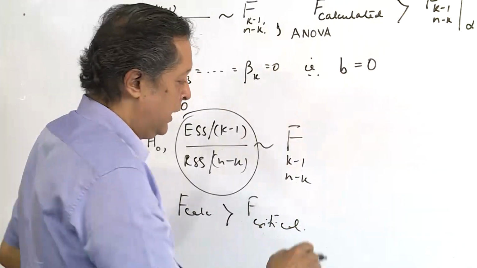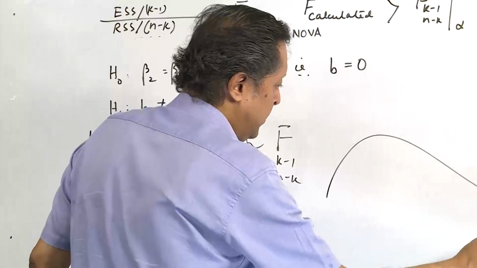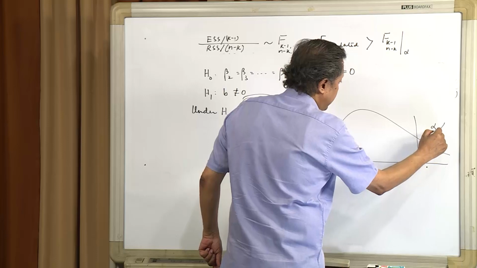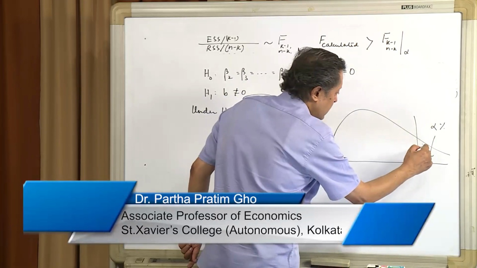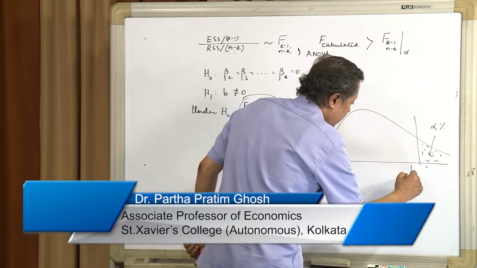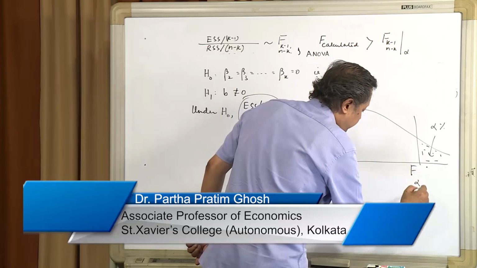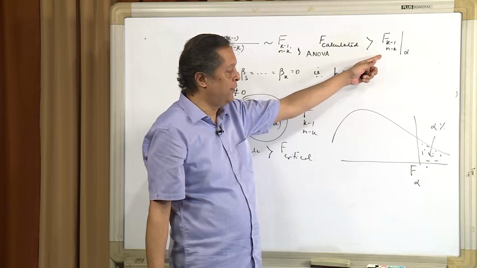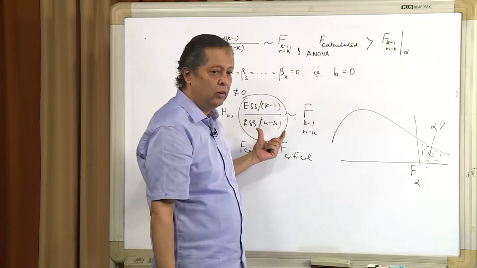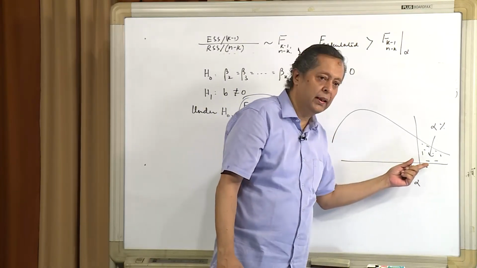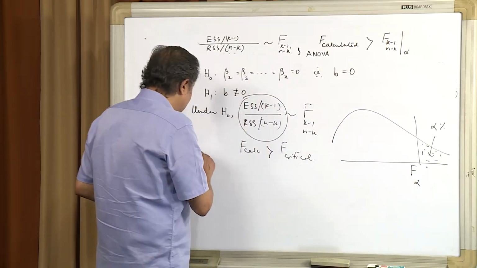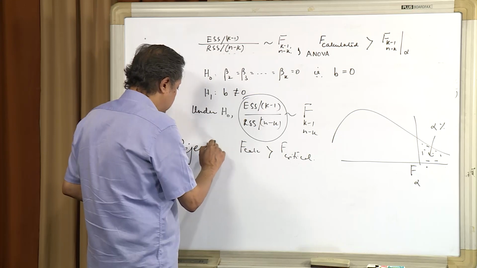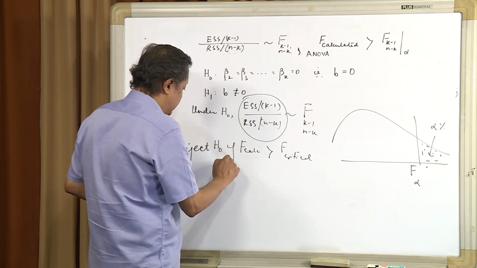And if the calculated F exceeds F critical, which is F critical? If you draw the F distribution, then that is the alpha percent area. So, this is F alpha with, of course, k minus 1 and n minus k degrees of freedom. So, if the calculated value of F falls in this critical region, then we reject the null hypothesis.